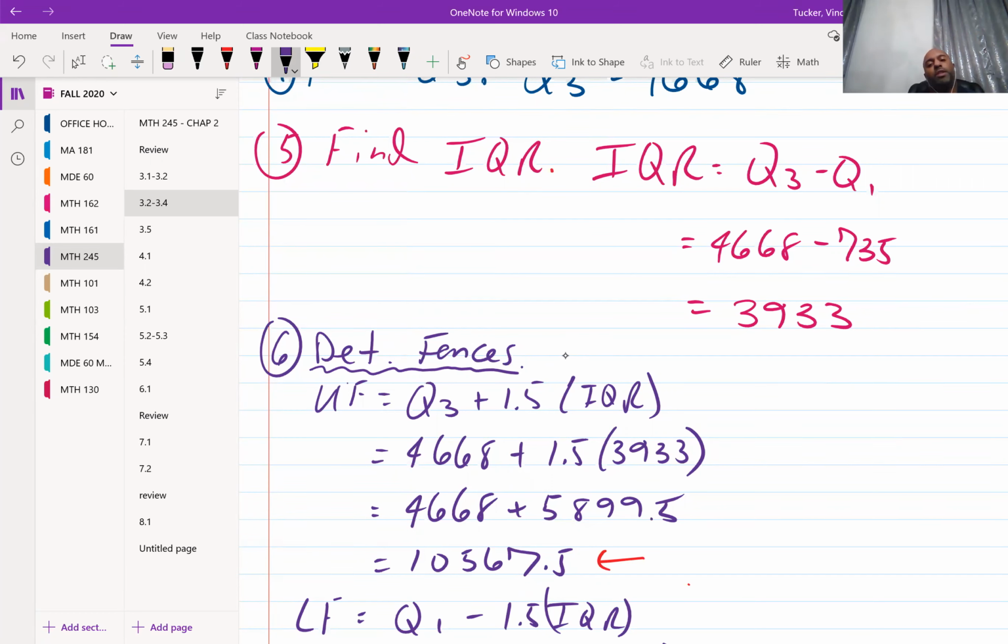So 4668 plus 1.5 times 3933. That will ultimately give us 10,567.5.